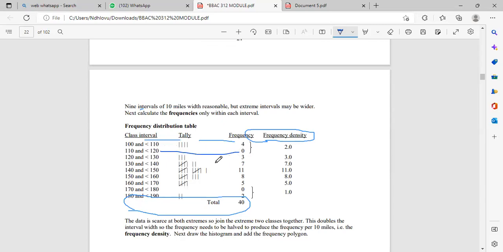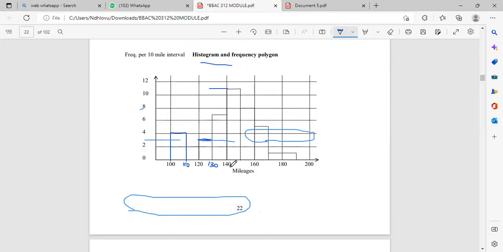Then the first one is 4, the other one is 3, the other one is 7. Getting down to 130 to 140, we are getting 7, so it's 7 there.